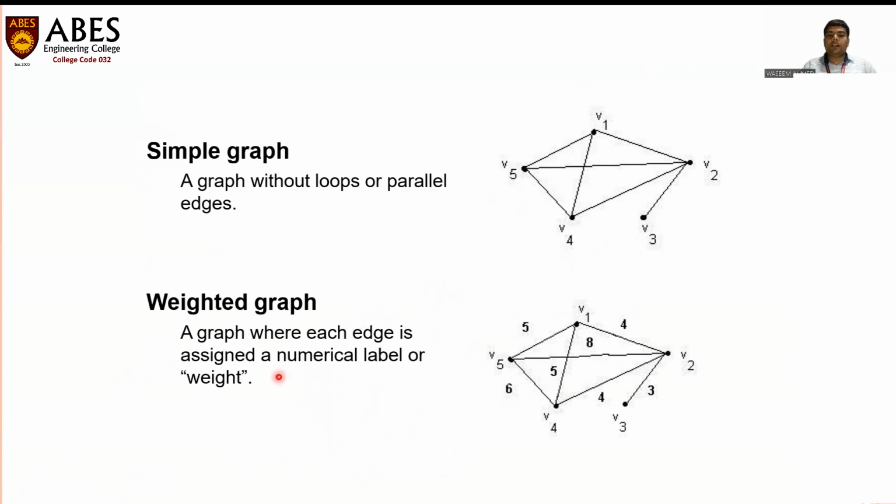Weighted graph: if in a graph a label or a particular numeric value is assigned on each edge of the graph, we will call it a weighted graph. Here vertex V1 to V2, the cost, or we will call it the weight, assigned is 4. V1 to V5 there is 5. So on all the edges of the graph, a particular weight or label is assigned. So we will call it a weighted graph.